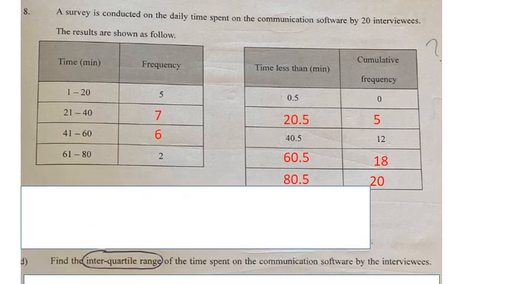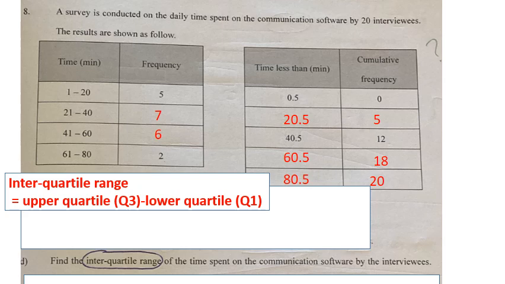Find the interquartile range of the time span on the communication software. Do you know the definition of interquartile range? The definition of interquartile range is upper quartile minus lower quartile. Do you know how to find the upper quartile?